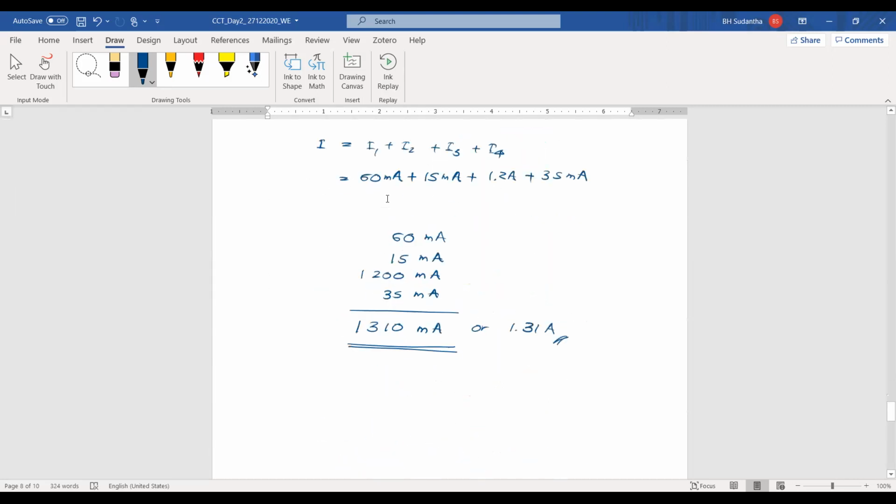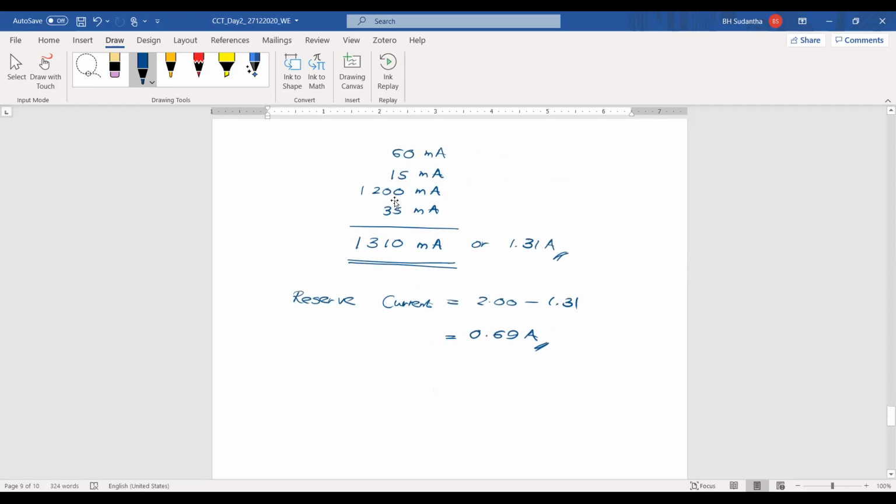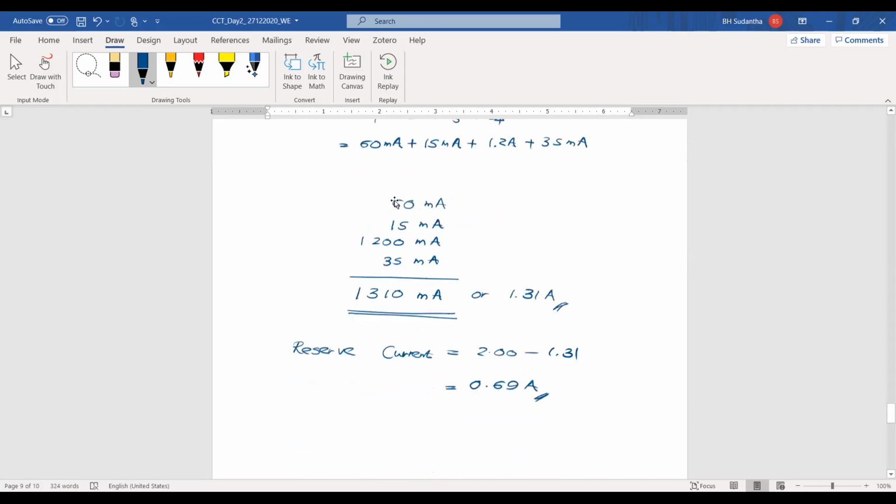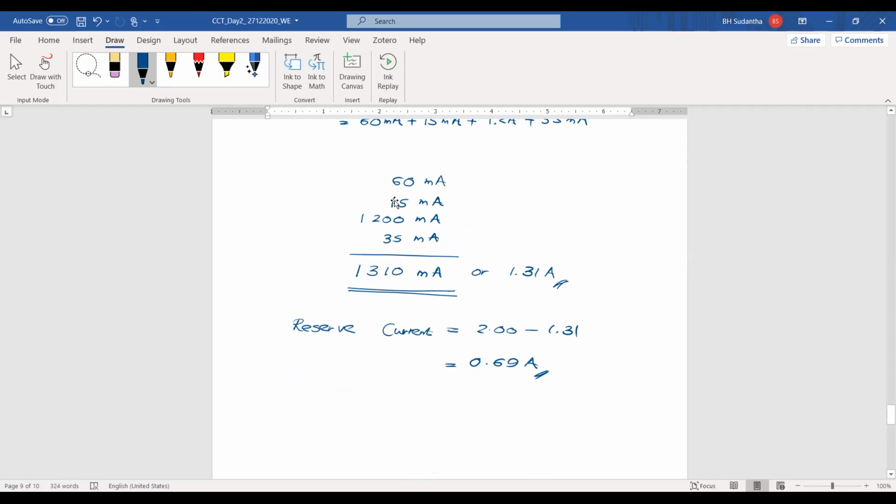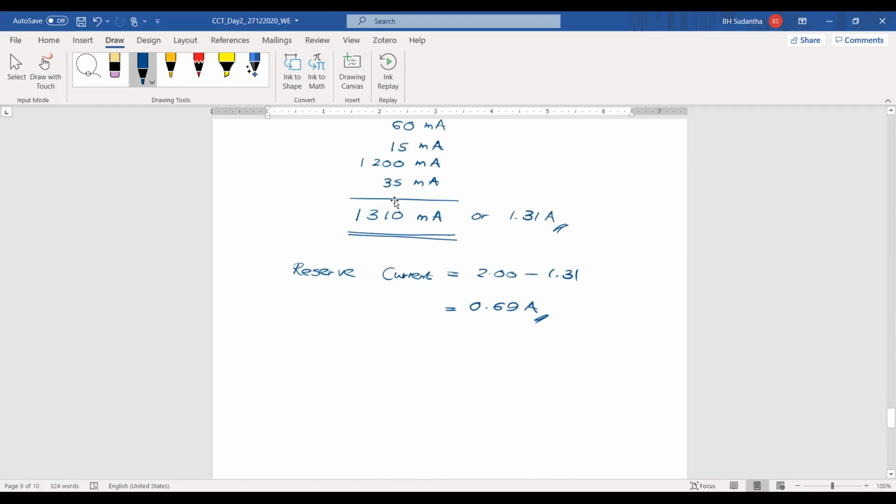It can deliver 2 amperes, but we are taking only this. Is it okay? Any question?